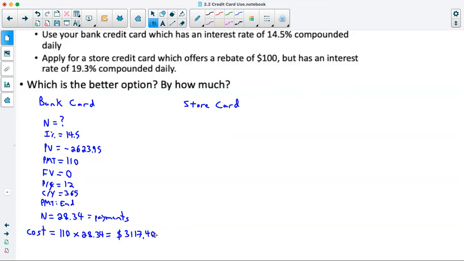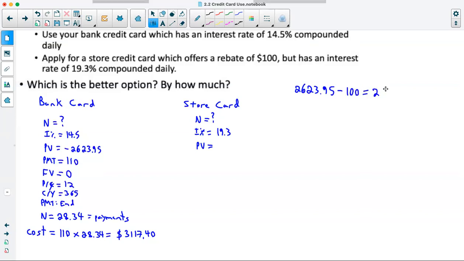Now, if we do the store card, we're going to have very similar things. We'll be solving for n. Our interest rate in this case is higher at 19.3. Our PV is going to be different though, because we start out with 2,623.95, but we subtract that instant rebate.